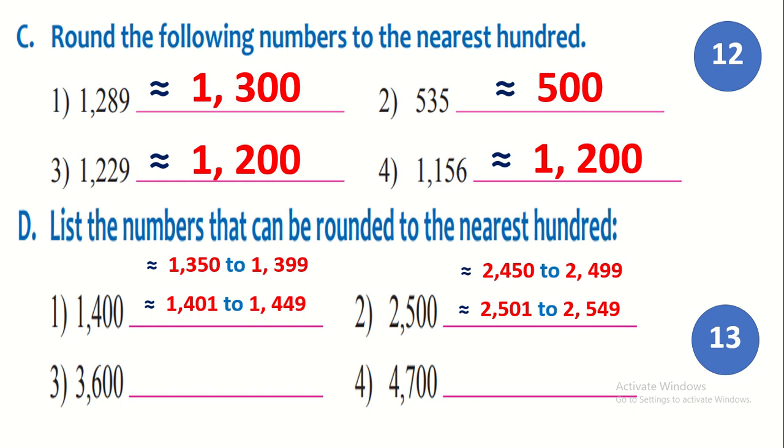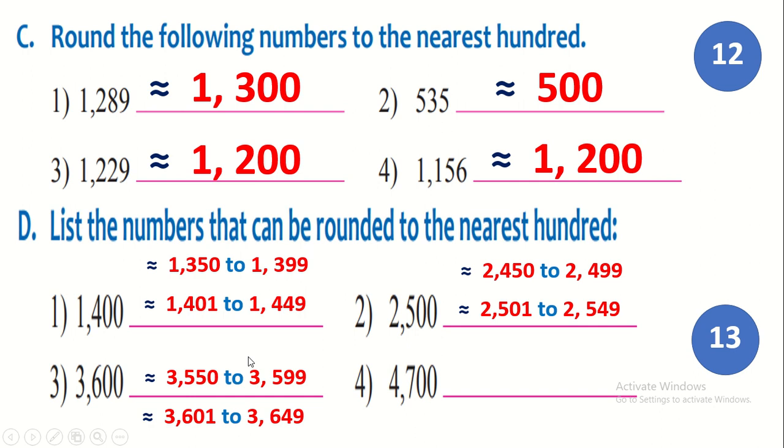Next is number 3. Number 3 is 3,600. What are the numbers that can be rounded to the nearest hundred?